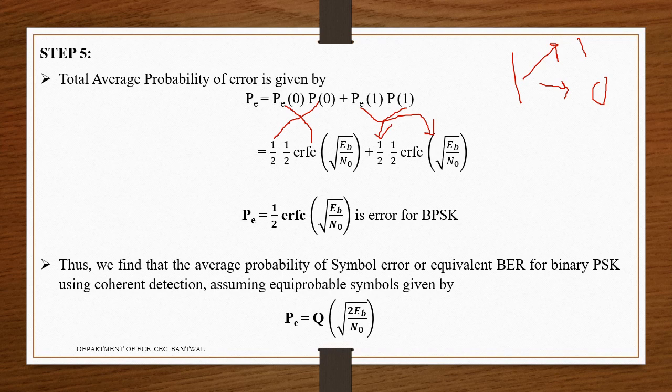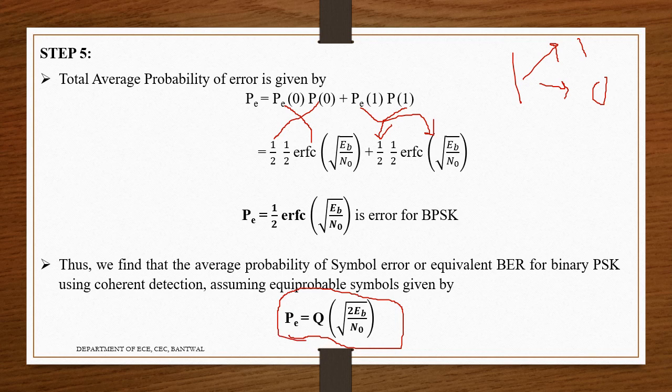Okay. So when I multiplied here, I am getting the probability of error as half the complementary error function of square root of Eb divided by N naught. This is what we find for BPSK, binary phase shift keying. So we can also form it in terms of the average probability of symbol error, or equivalent BER, for binary PSK using coherent detection, assuming equiprobable symbols, given by Q of square root of 2Eb by N naught.